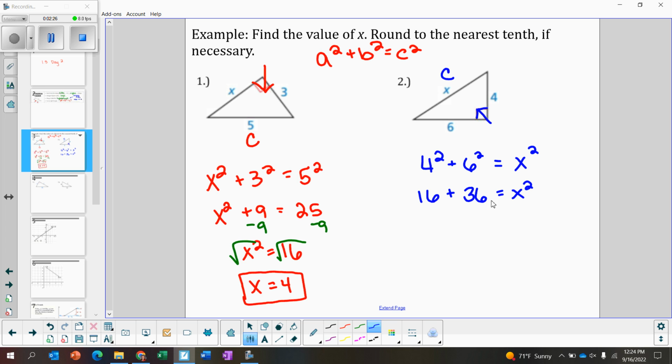Add these together because x squared is already alone, so I'm going to simplify this side. That becomes 52. Now I'm going to take the square root of both sides. Here we do get a decimal, so we're going to round to the nearest tenth, that's one place after the decimal. So we can call this 7.2.